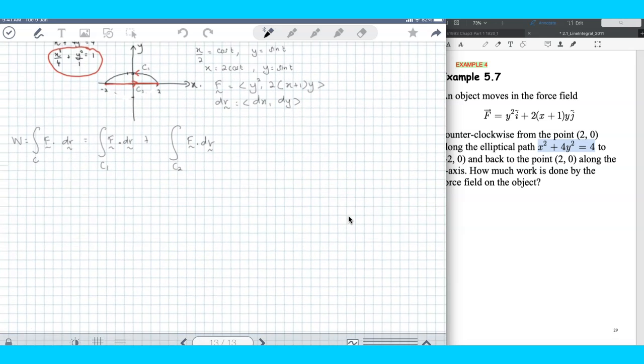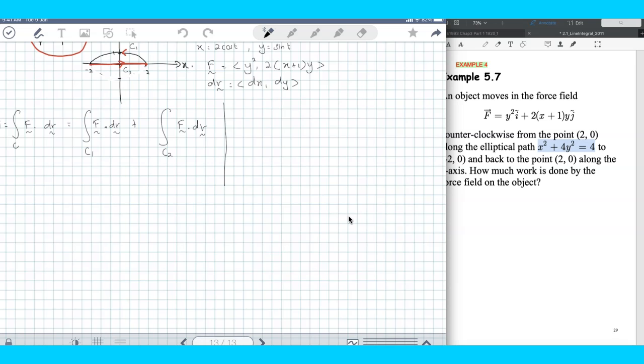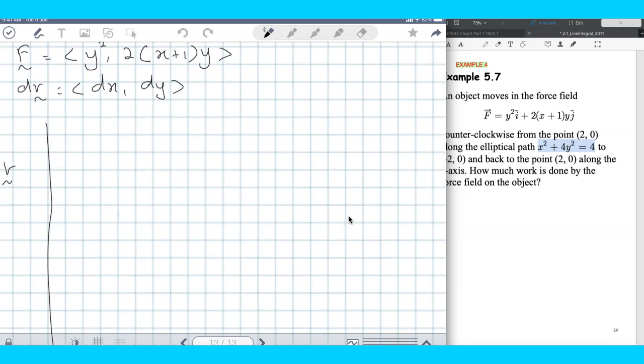Now we work on C1 only. So F dot dr for C1 is y squared dx plus 2y times (x plus 1) dy.